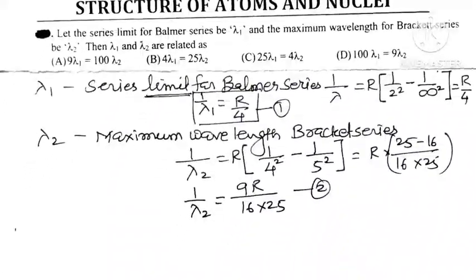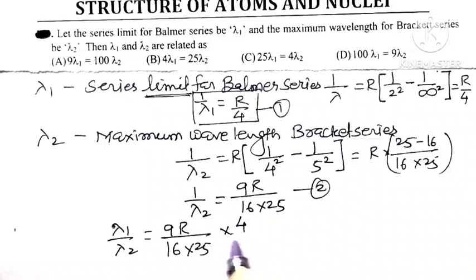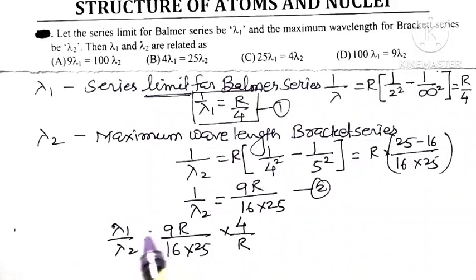Therefore, divide equation 1 by equation 2. We get lambda 1 divided by lambda 2 is equal to 9R divided by 16 into 25 multiplied by 4 divided by R. Here this R cancels with this R. 4 1 is 4, 4 4 is 16.